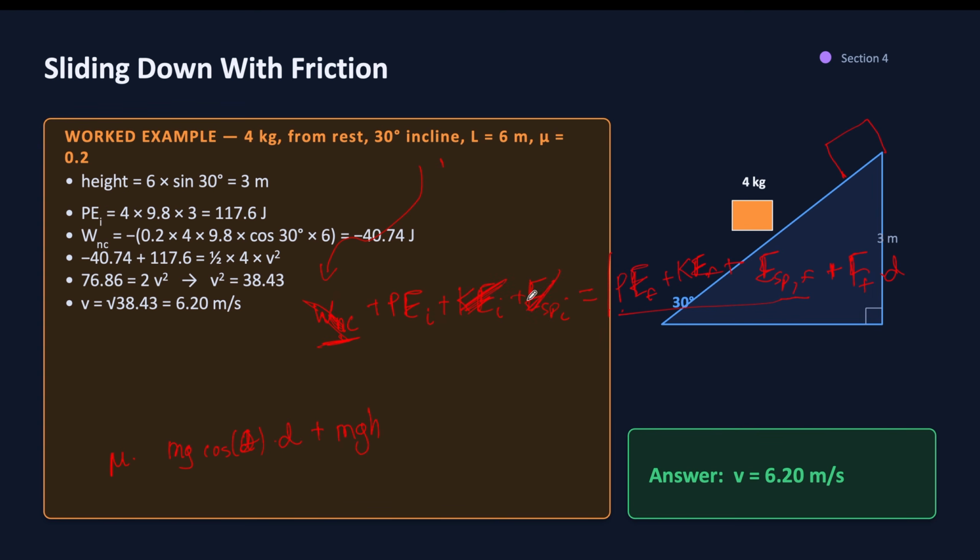Spring energy initial, we don't have that either. What is potential energy final? So this side I'll put in green. That we don't have, right? Because we end up at the bottom of the ramp. Kinetic energy final, that we do have. 1/2 mv final squared, right? And then energy spring final we don't.